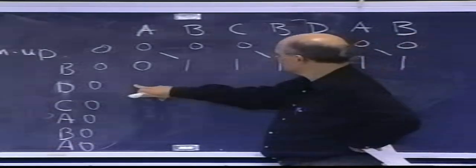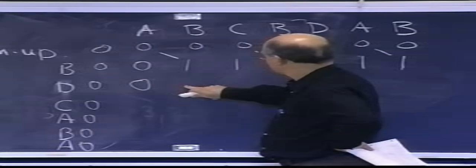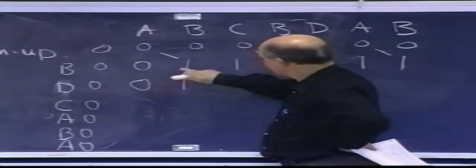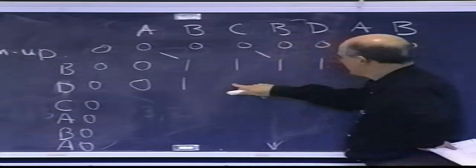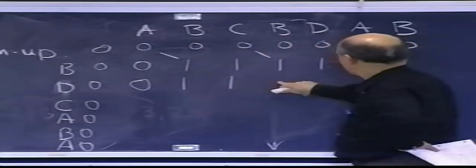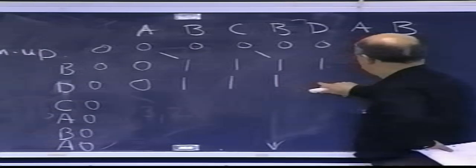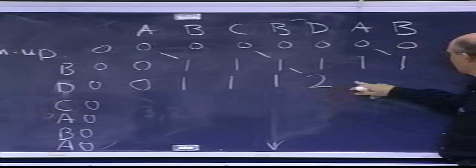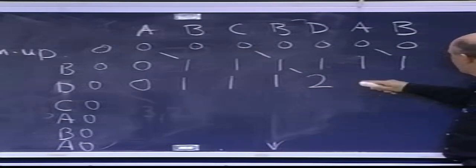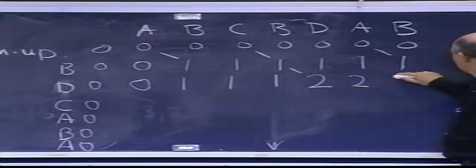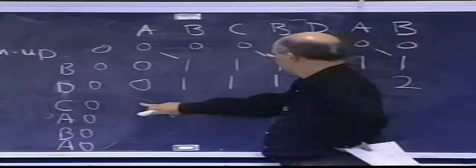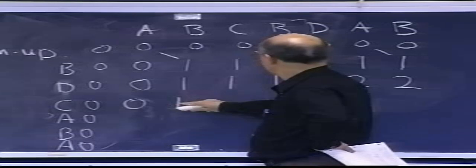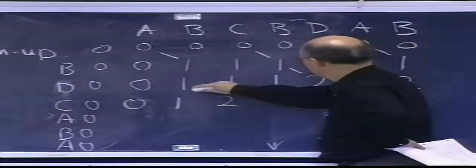Now the second row. 0. 1, because it's the max of these two. Two with an A, because those are equal. 2, 2. Okay? And here, 0, 1, 2.